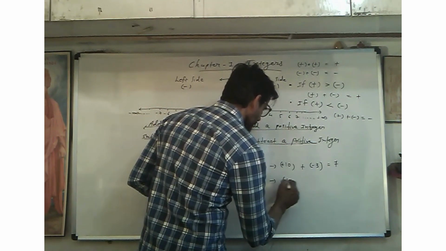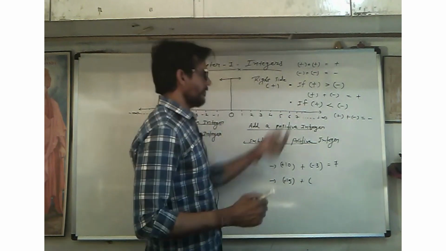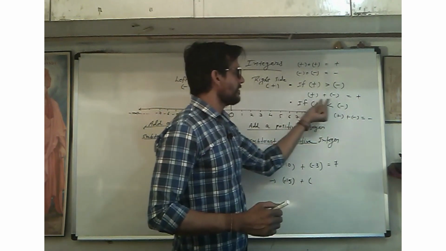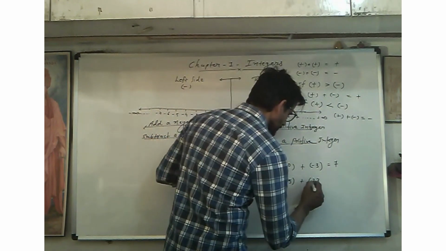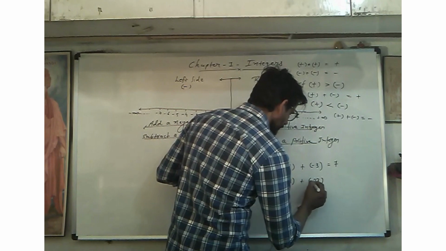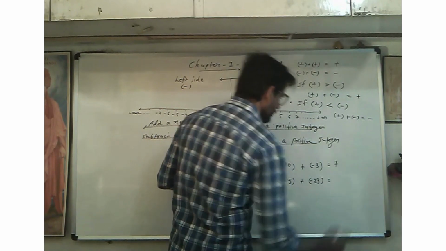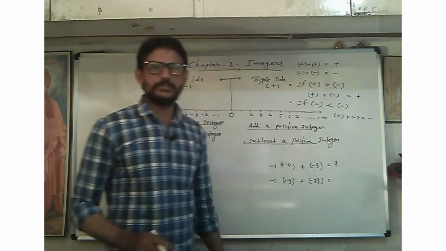Plus 15 plus, look over here, the positive integer is less than the negative integer. So here I will take 23. Okay. Plus 15 plus minus 23.